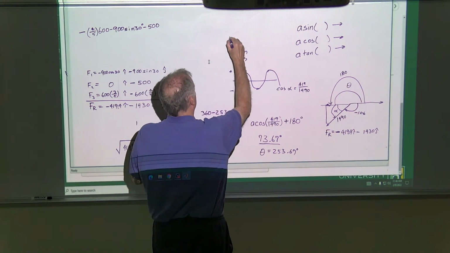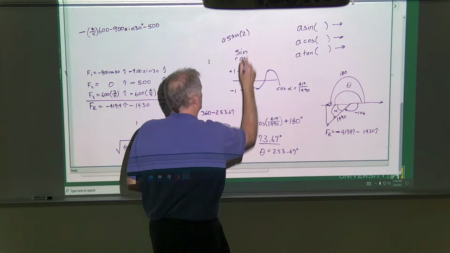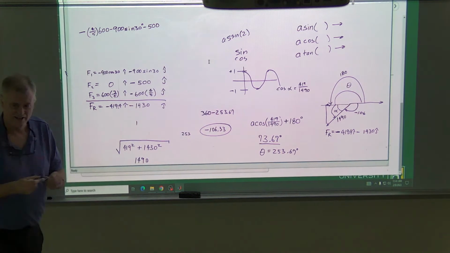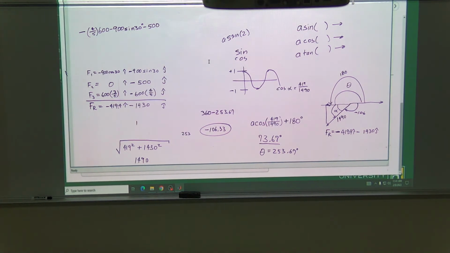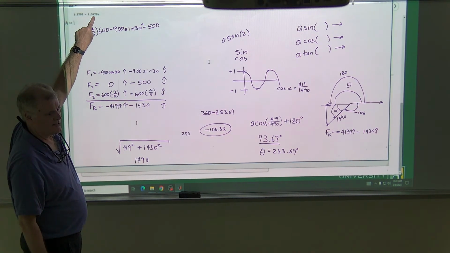So if I do something like arcsine of 2, what do you think is going to happen? Any idea? Let's see. Arcsine, and I want it to come back in degrees. No, I just want to do arcsine of 2. Look real close. It has an imaginary number attached to it.